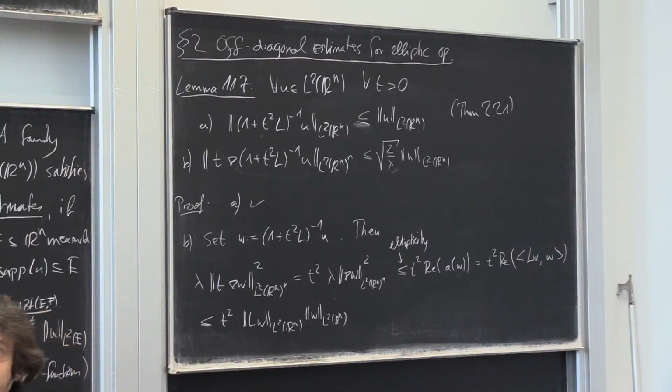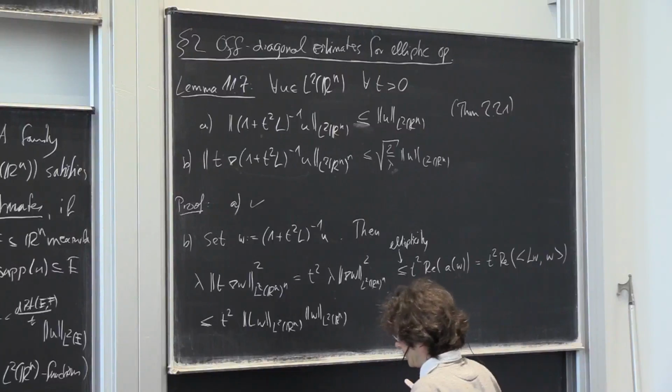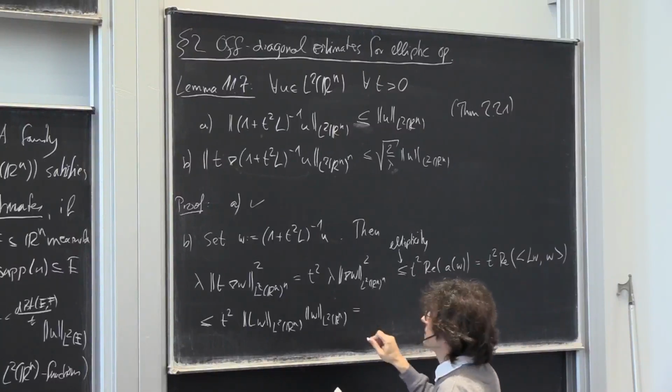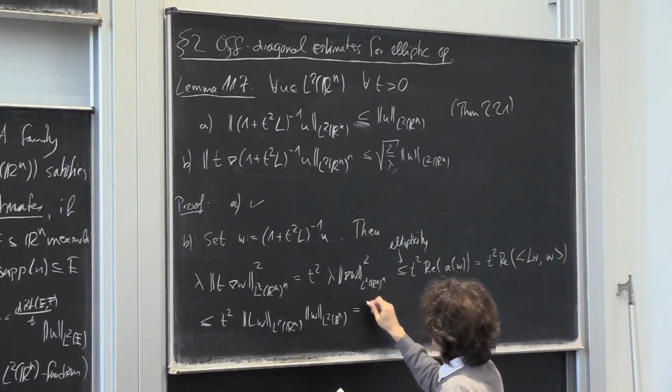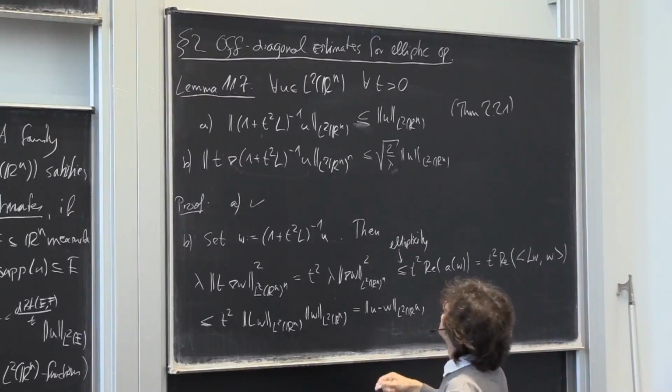And now the important trick or the important point is to see that t squared Lw is the same as u minus w. Why?